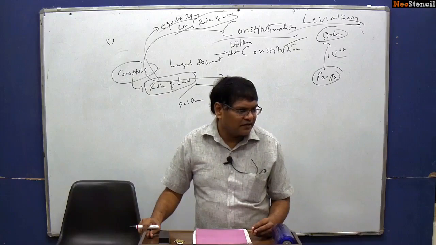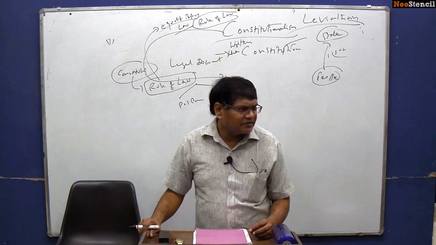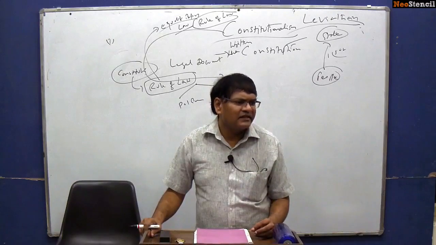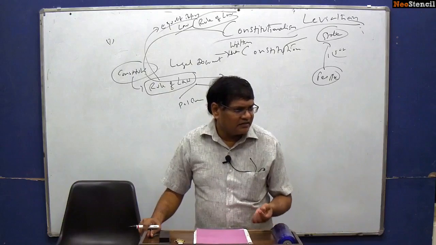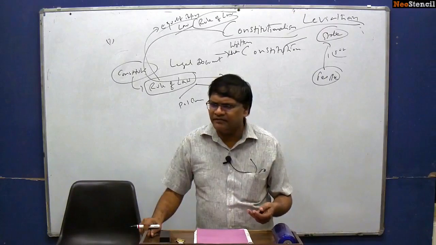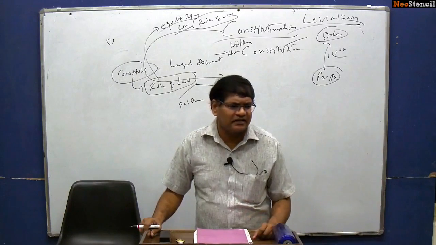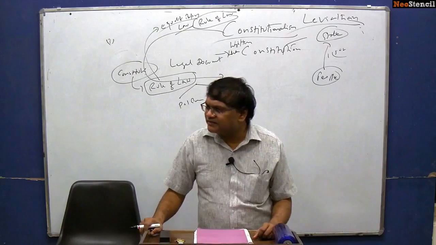Look at the recent legislations that were passed, whether it is amendments to the NIA Act, or the amendments to the prevention of... what is that legislation? Prevention of terrorism Act is there, wherein the state had been given absolute powers.